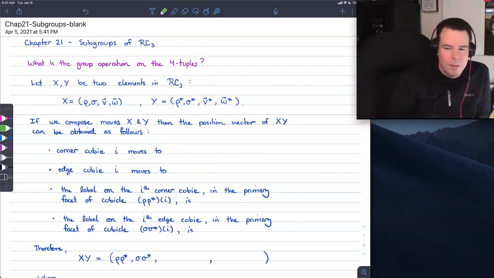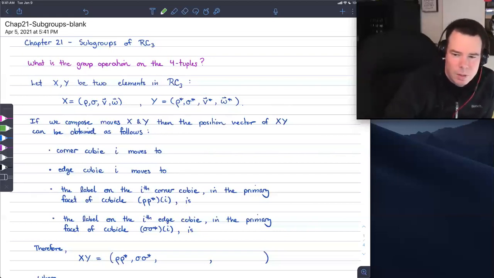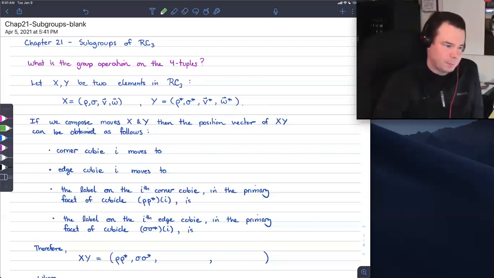So now I want to think, how can I build my new permutations? What does X followed by Y do to a corner cubie? Now I'm going to build my permutation up. So corner cubie I, where does it move when we do this combination of X's and Y's?